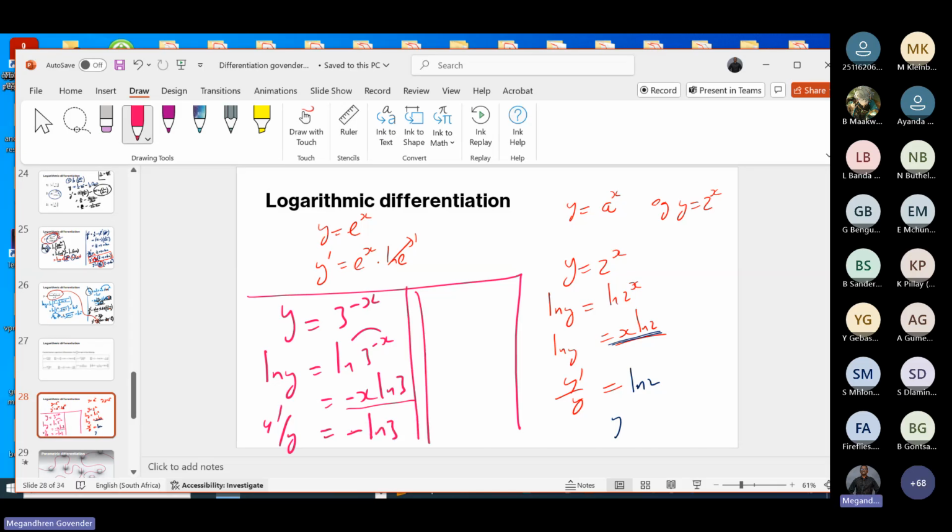If I multiply by y, I get y prime equals minus y ln 3. That's the only difference because I've got a minus sign there. But what is y? y is 3 to the minus x. So y prime is equal to minus 3 to the minus x ln 3. I don't like negative exponents, so that becomes minus ln 3 all over 3 to the power x. Can we see that, guys?